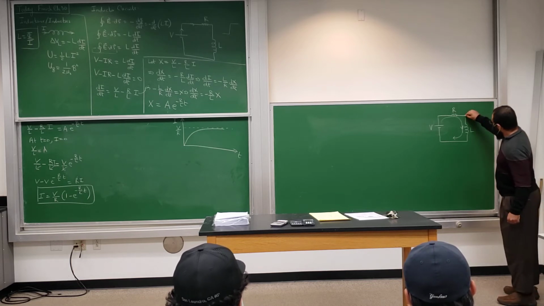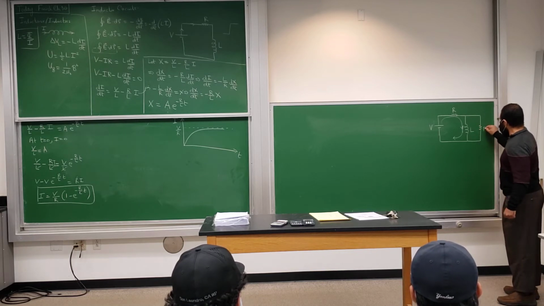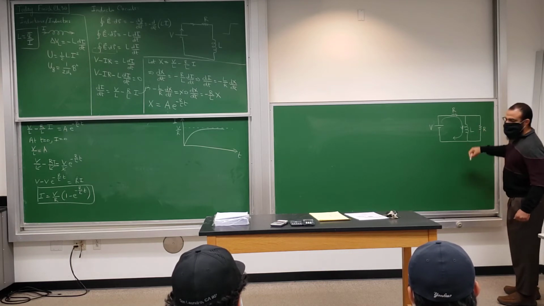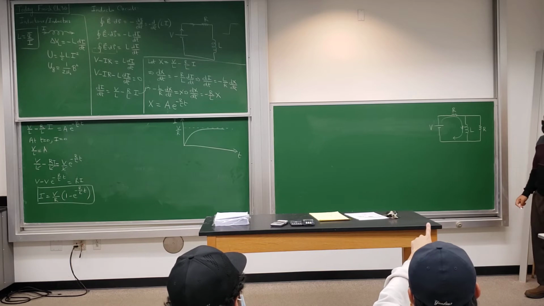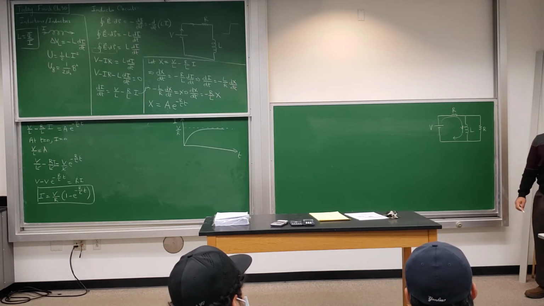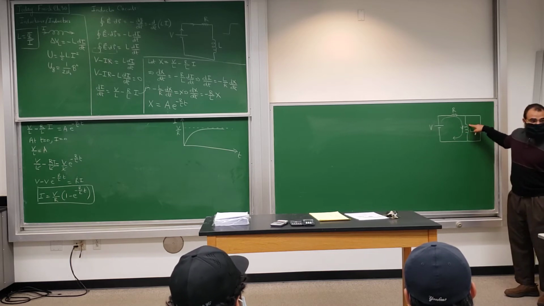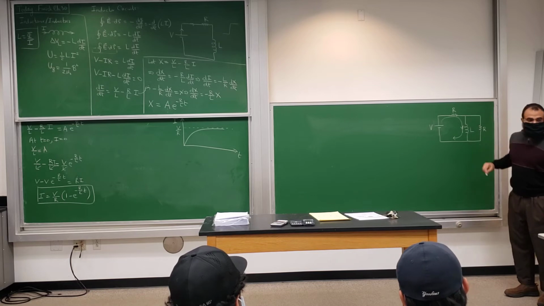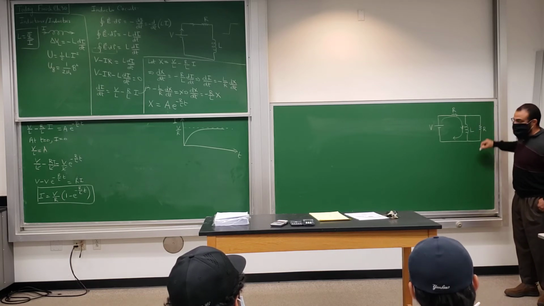Here's a question. If I put another resistor R here, what would the current through this resistor be? At t equal to 0, all of it will flow this way because the inductor will not allow any. But at t equal to infinity, will any current flow through this?